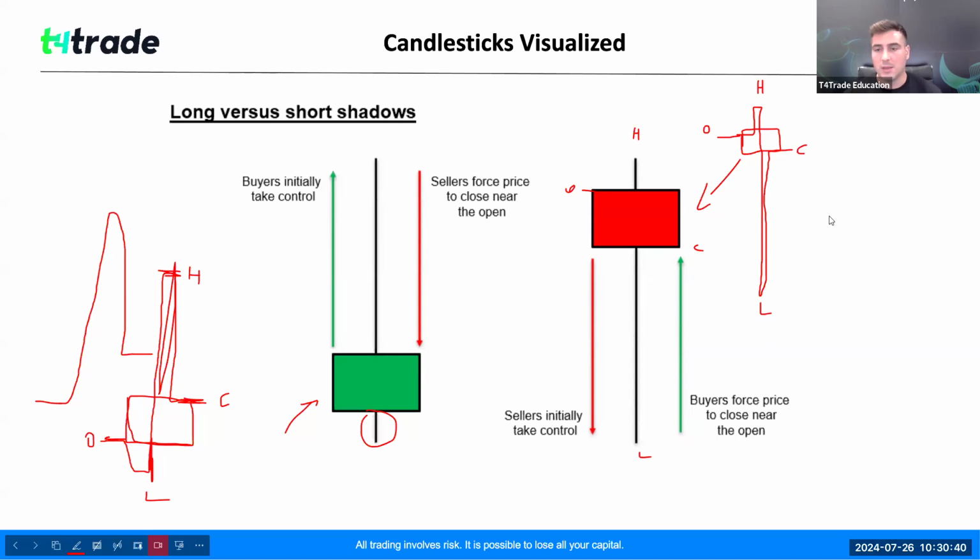For example, it opened here, prices fell, maybe they rose back once again, making the high of the day, and then for some reason super bearish sentiment arose and pushed the price action to this level here, but the bulls entered the picture and pushed the price action to here, and we have pretty much the same thing here.